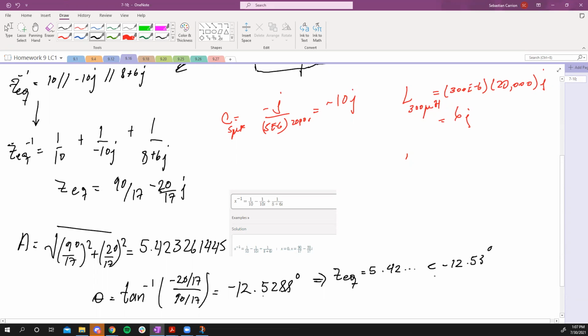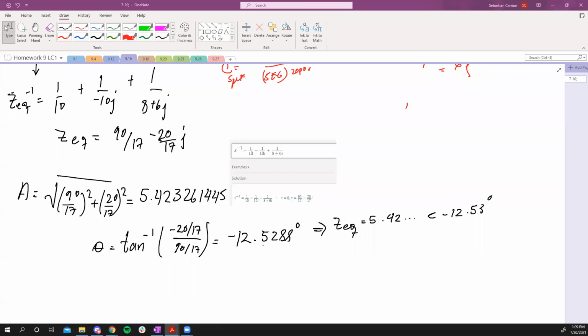Okay. So then we can put this in phasor domain, or not. At the end of the day, it's up to you.